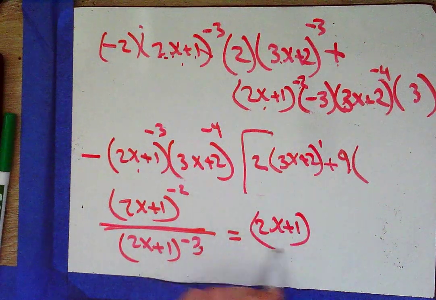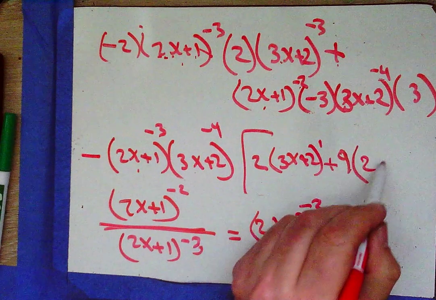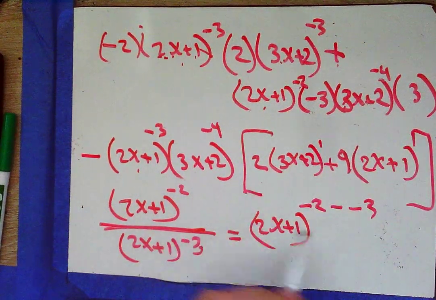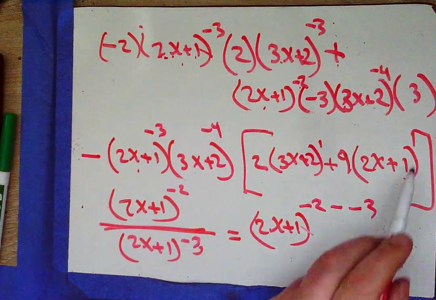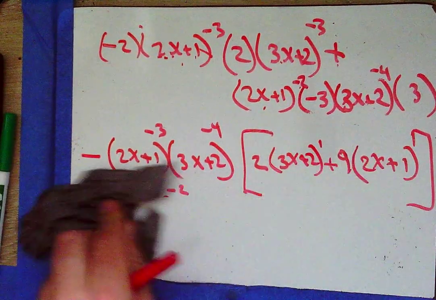2x plus 1 to the minus 2 minus a minus 3 is just going to be 2x plus 1 to the first. Remember what I said a few minutes ago about how when we do this, this is almost always going to end up being positive 1. Okay, so you don't have to really stress about it.